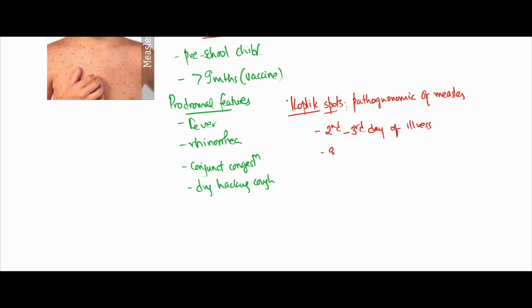They appear as gray or white grains of sand-like lesions with surrounding erythema opposite the lower second molar on the buccal mucosa.